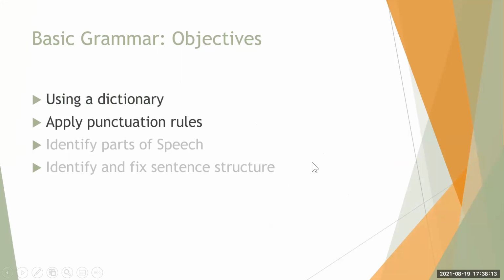So I hope that by the end of today, you will understand these rules of punctuation and you will be confident in using a dictionary in order to look up words that you don't know and in order to learn new words.